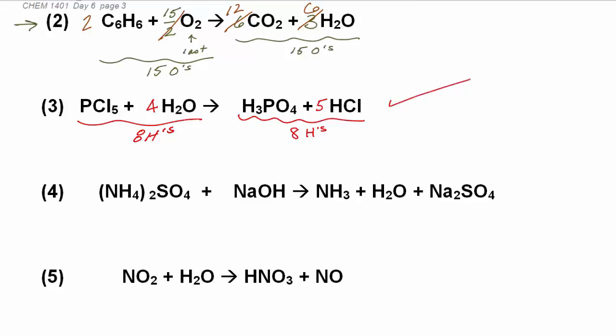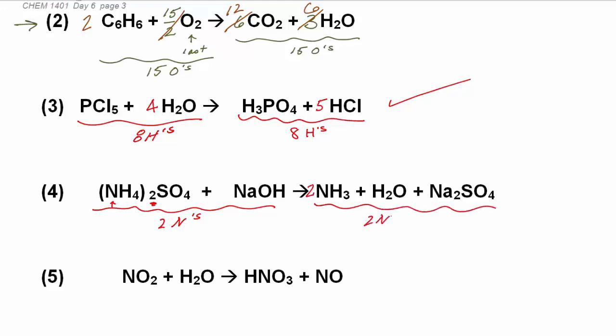Number 4, we don't have any elements by themselves, so just work with what we have here. Let's start with the nitrogens, I guess, right? This 2 means I have 2 of these ammonium groups. So I actually have 2 nitrogen atoms. So over here, I need 2 nitrogen atoms. So let's put a 2 in front of that.